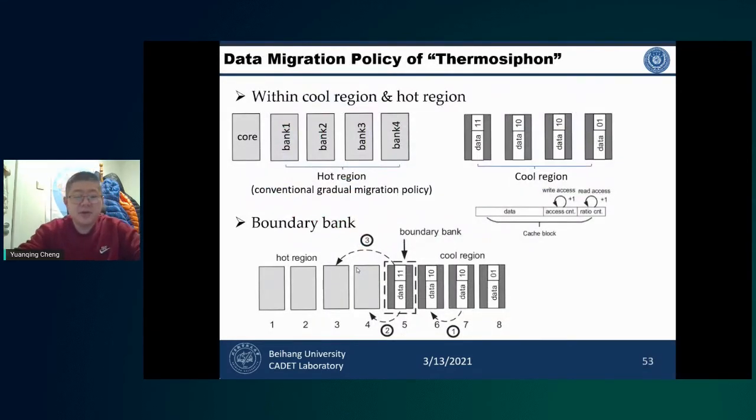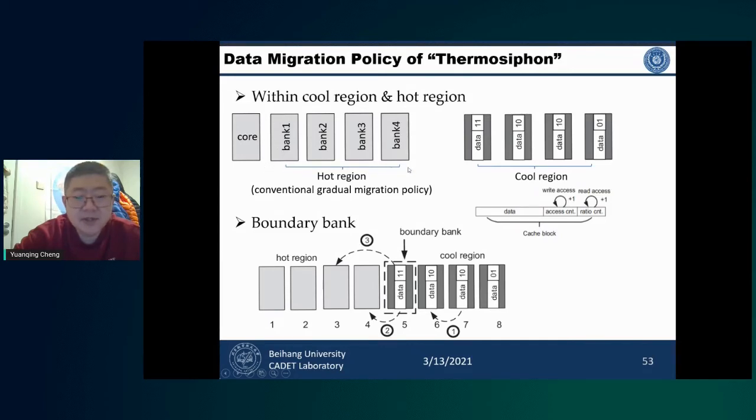Using this property, we propose a different data migration policy. In the hot region, because we can use the short write pulse to reduce the write energy, and in these banks, we use the normal NUCA architecture data migration policy, so that the read-intensive data can be migrated gradually to the location that is near to the core.